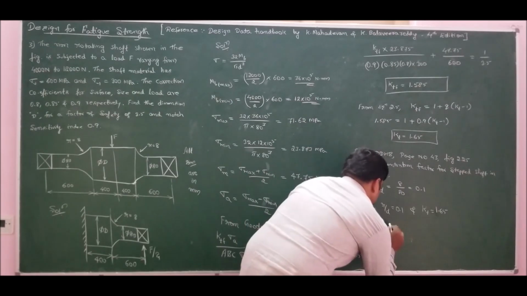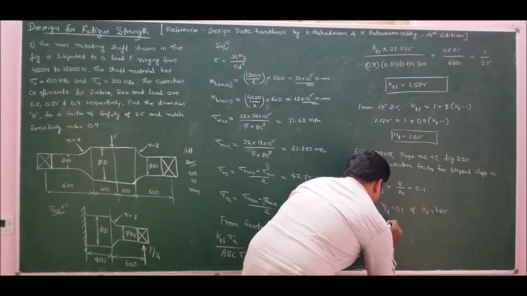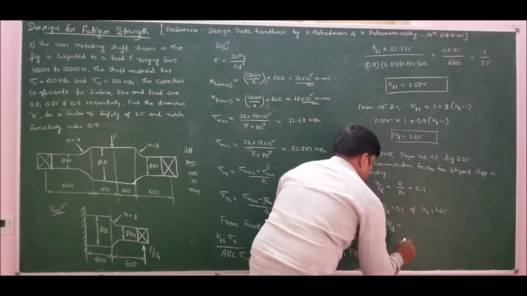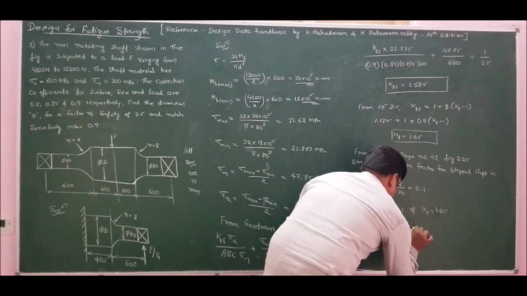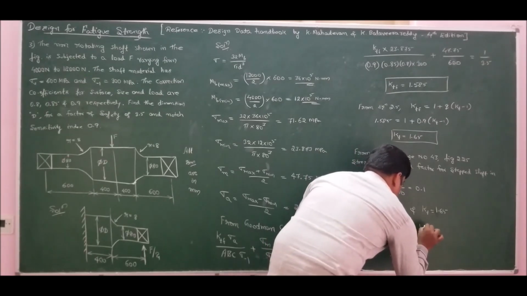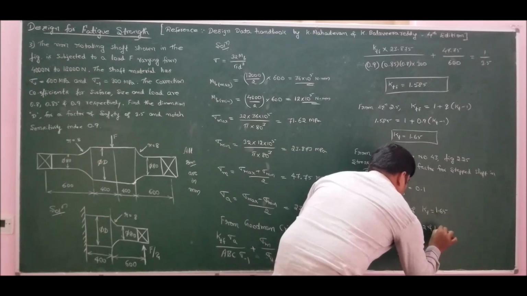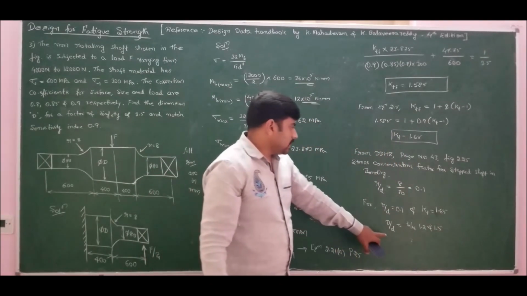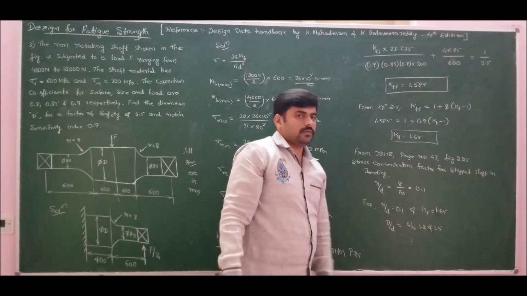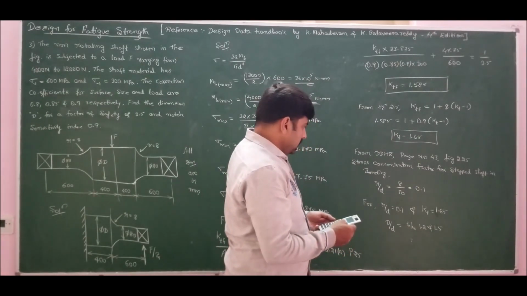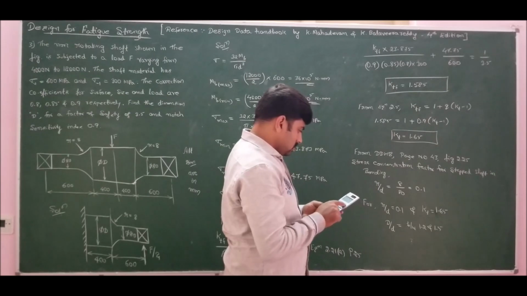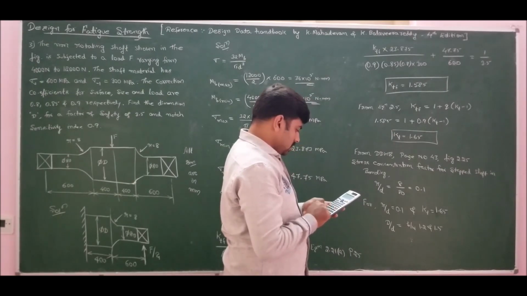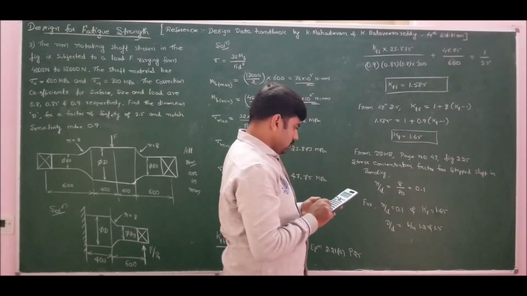D by d as between 1.2 and 1.5 line from the figure. So since I am intersecting the point between 1.2 and 1.5 from the figure, let me take the average value, 1.2 plus 1.5 by 2.